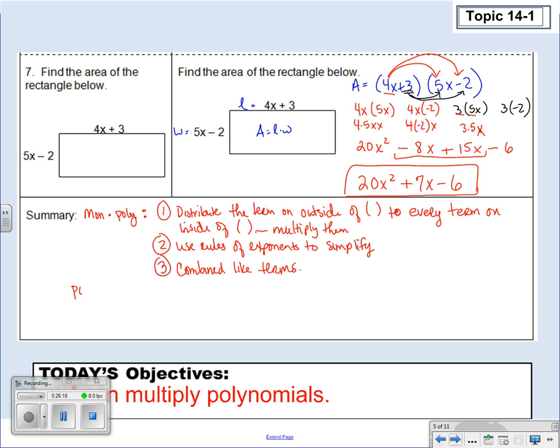When we had a polynomial times a polynomial, first, the rules are the same other than the first one. The only difference is that our first step is that we use each term in the first parenthesis and multiply it by each term in the second parenthesis.